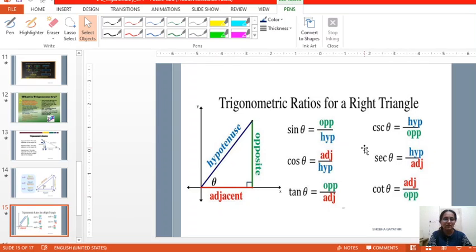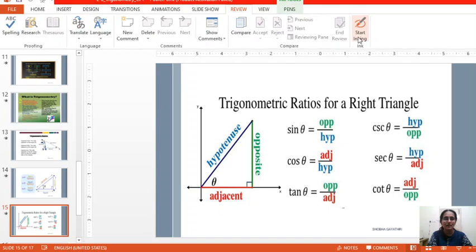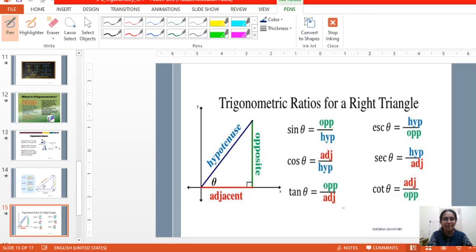Now another three trigonometric ratios are cosecant theta, secant theta and cot theta. Sin theta equals opposite side by hypotenuse. Cosecant theta equals hypotenuse by opposite side, that means the reciprocal of sin theta.